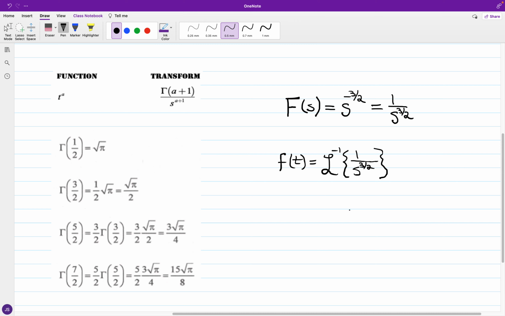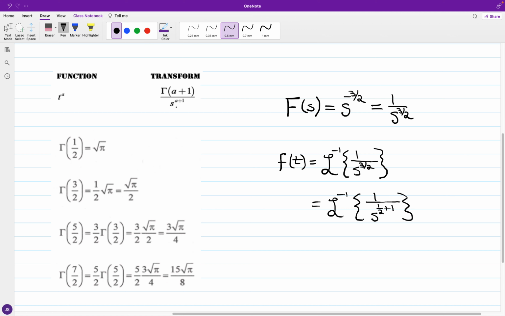what I'm going to be looking at in this particular regard is the inverse Laplace transform. Say if I put s to the 3 halves in terms of s to the a plus 1, we're looking at the inverse Laplace transform of the reciprocal of s raised to the 1/2 plus 1 degree.